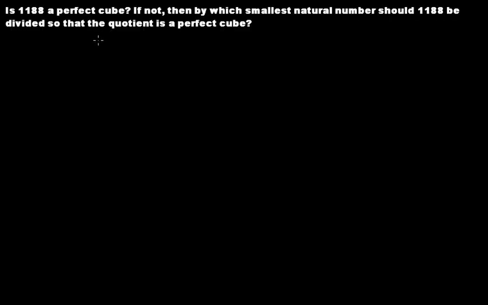Same problem, but we have a different number here. Here you have 1188. First let's check whether this number is a perfect cube or not using the prime factorization method.